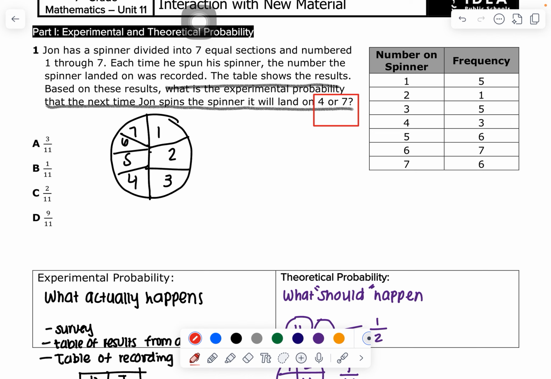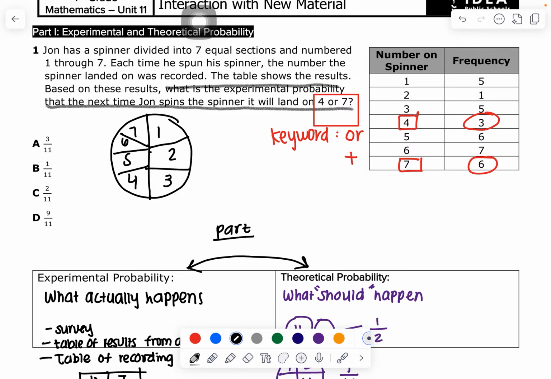And remember, this is a very important keyword. Or means we need to add both of these: the frequency for the number 4, and the frequency for number 7, which was 6. And for both of these, even if they're different, they are both found by doing part over total.